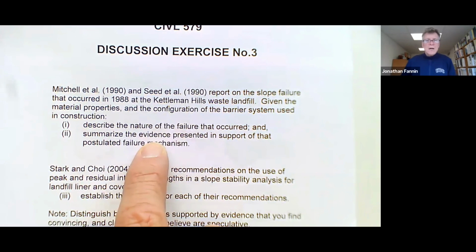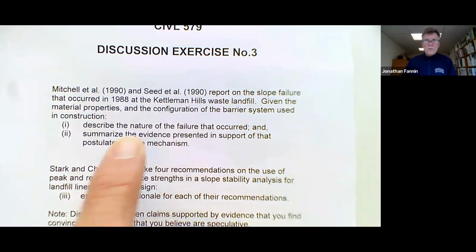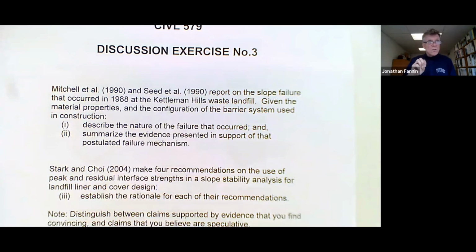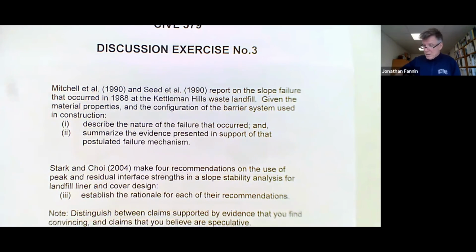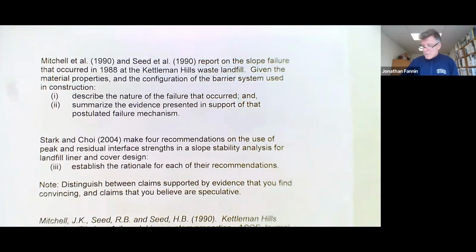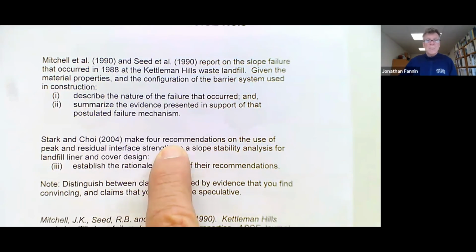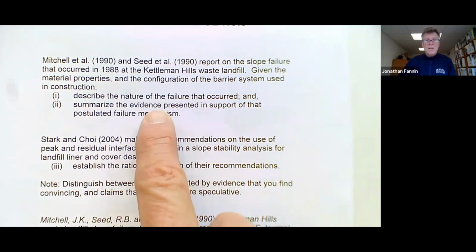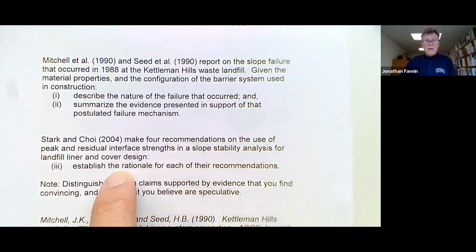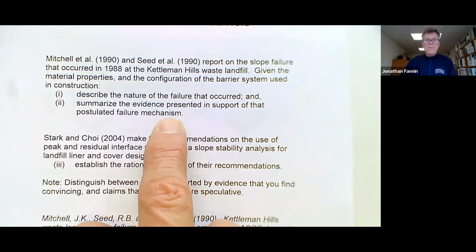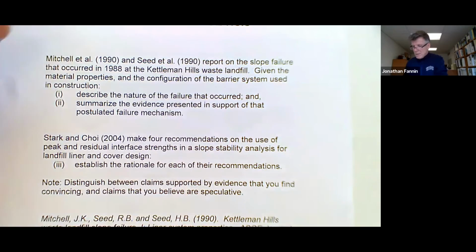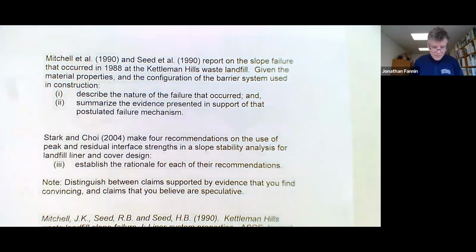And the reason I do that is to get you, let's call it, calibrated to the nature of some of the recommendations that come out of Stark and Choi. Because there's, to some extent, in distinguishing between claims that you find convincing or speculative, it helps to have read about the Kettleman Hills incident before that.